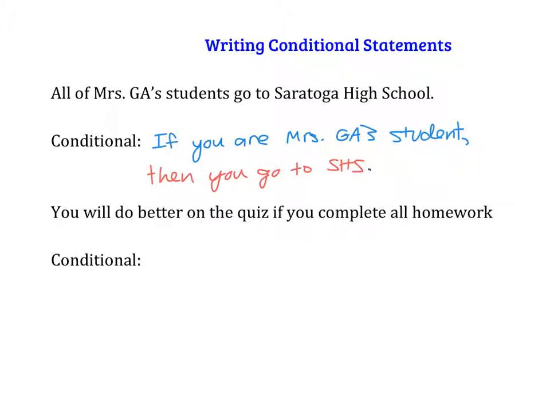Notice this wouldn't make sense if you flipped the if and then. You can't say if you go to Saratoga High School, then you are Mrs. GA's student, because that wouldn't be consistent with the information here. So if you are Mrs. GA's student, then you go to Saratoga High School. That's the conditional form of this statement.